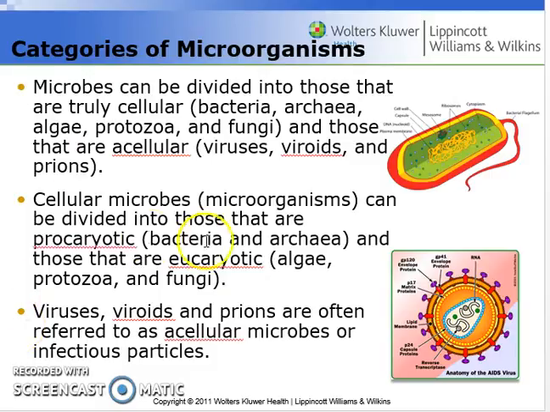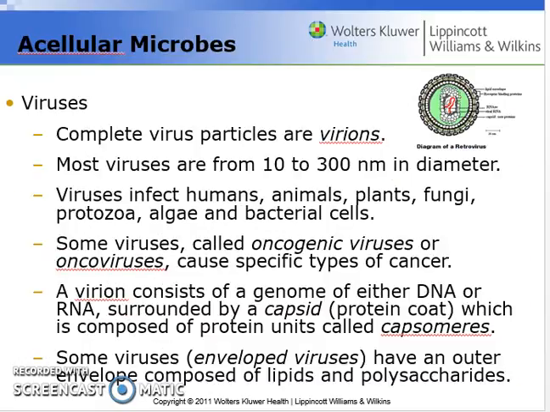So when you think about the categories of microorganisms, think that there's those that are comprised of cells and those that are acellular. Those that are cells, we have bacteria, archaea, algae, protozoans, and fungi. And then those that are acellular are going to be our viruses, viroids, and prions. And then remember that the cellular microbes are broken down further between prokaryotic and eukaryotic cells. So let's talk about some acellular microbes first.